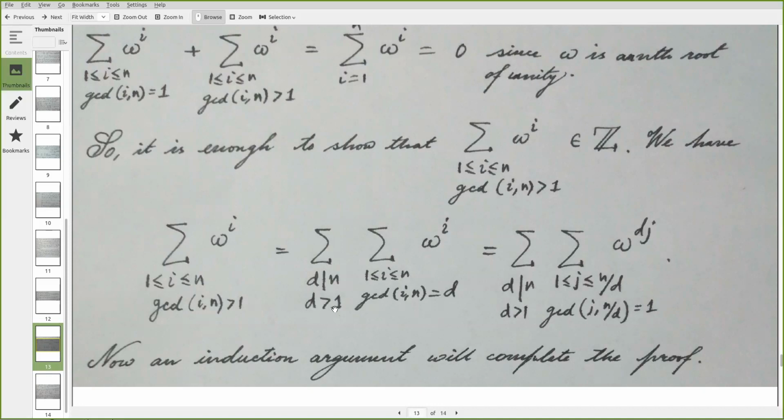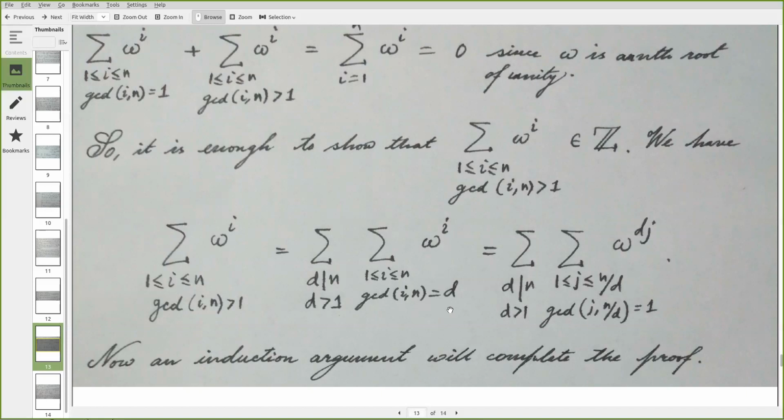So this sum is the sum over all d dividing n with d greater than 1 of these entities. Now, since d is the GCD of i and n, i can be written as a multiple of d.